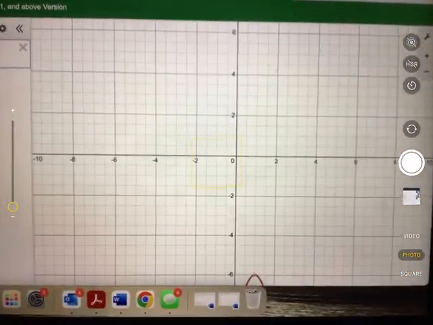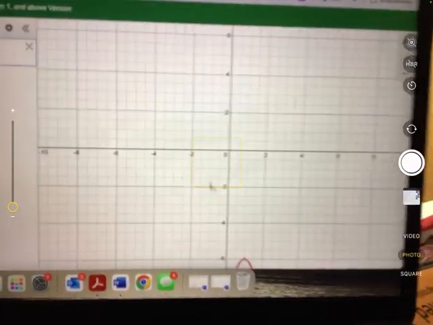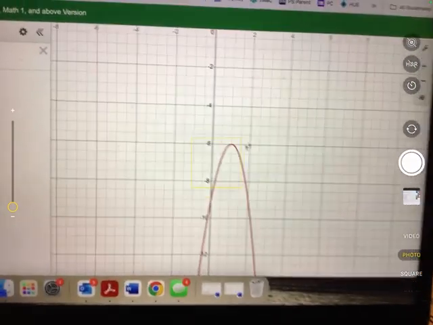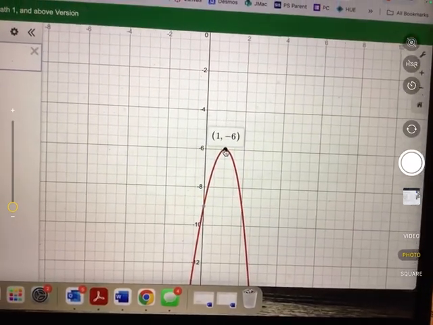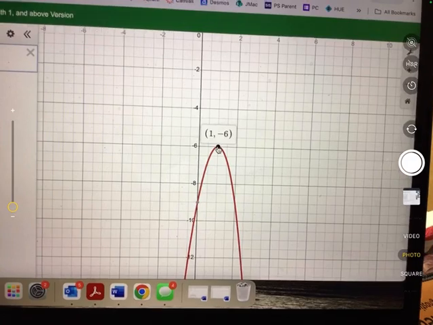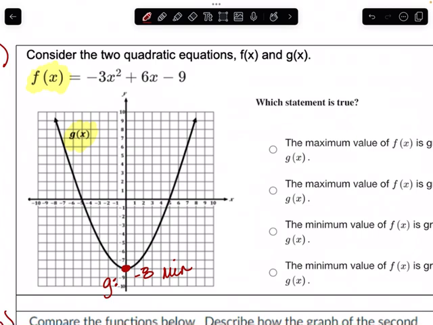Okay, so F graphed, and you'll see it right here. I'm just going to move it a little bit so that we can get it onto the screen. This is very clearly a maximum, and the highest it goes is at -6. Let's go back to our paper. This F is -6. It is a maximum.